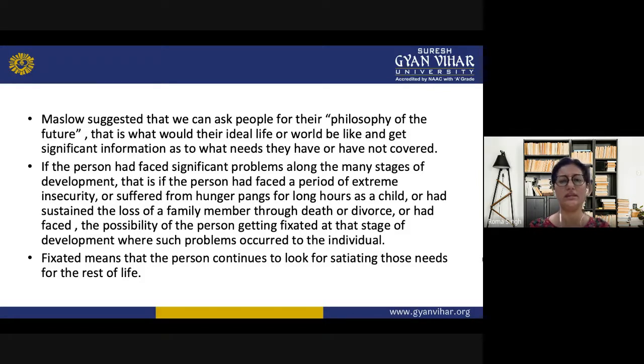So there may be many things which will force them to regress to a lower level of the hierarchy. Fixated means that the person continues to look for satiating those needs for the rest of life. Until these needs are complete, they will not be able to go to the next level.